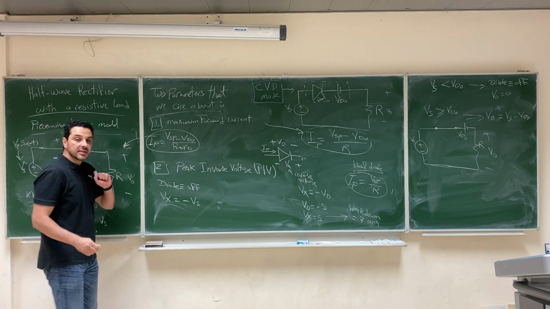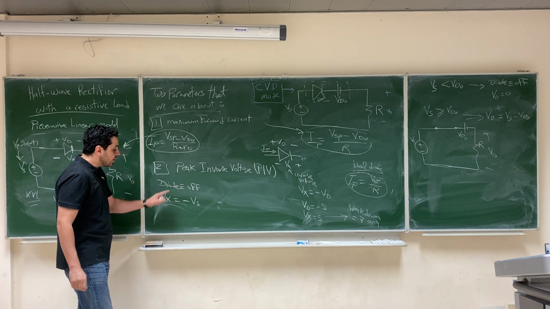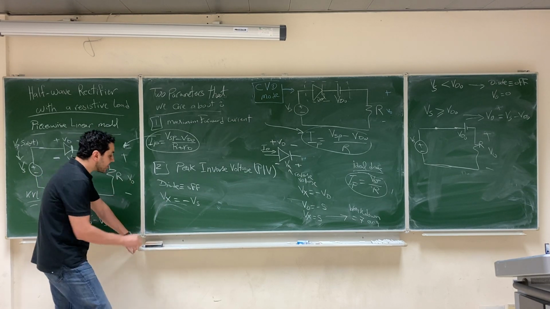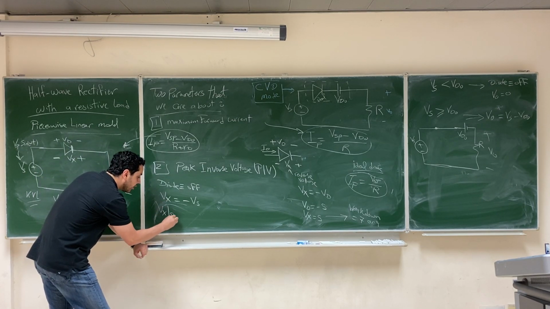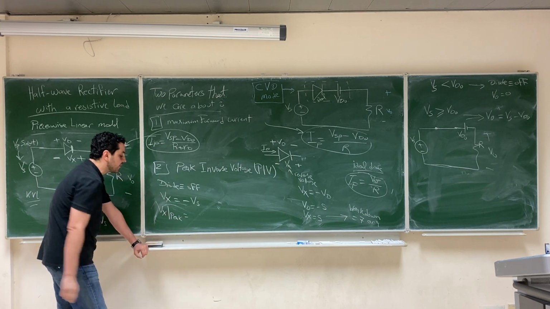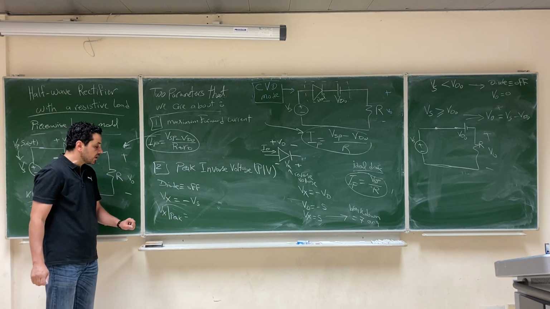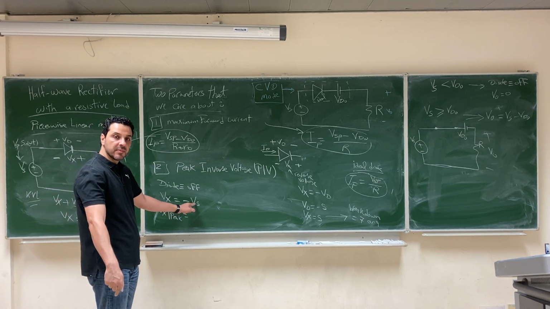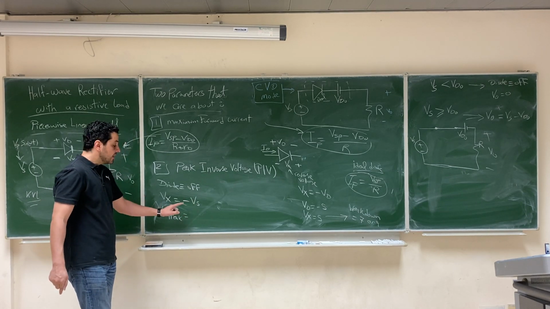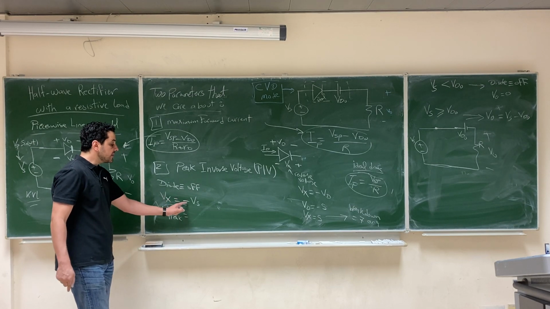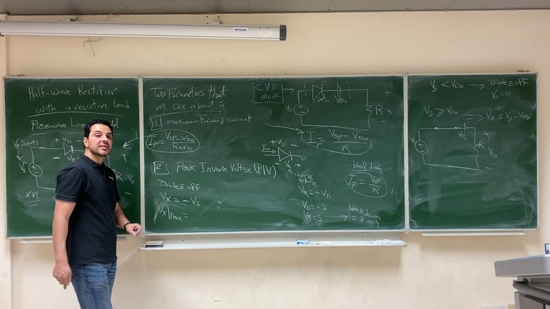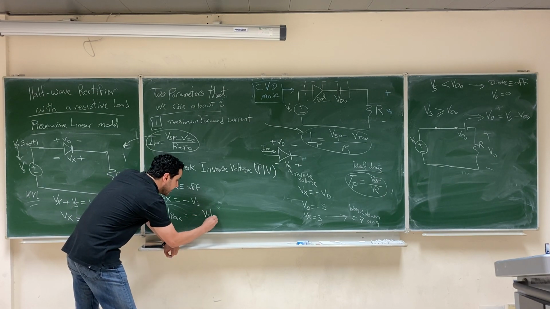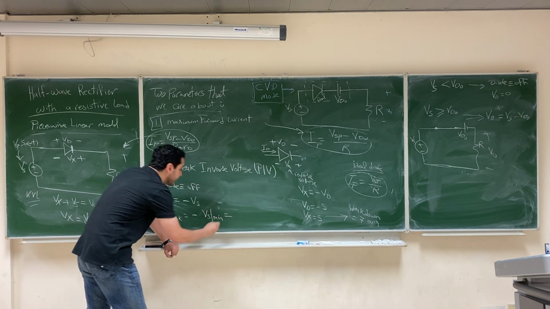Now the question is, what is the peak of this inverse voltage? This is the inverse voltage from the circuit. The maximum of this inverse voltage happens when Vs reaches its minimum, right? Because this is negative Vs. The maximum of Vx happens when Vs reaches the minimum value. What is the minimum of Vs?